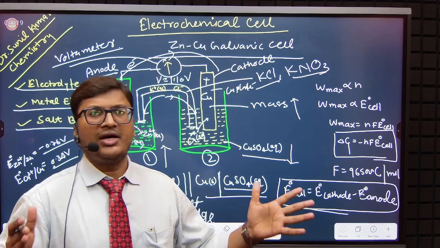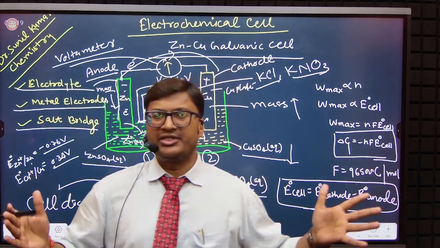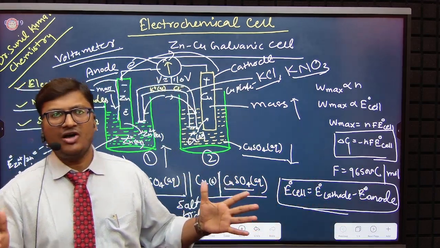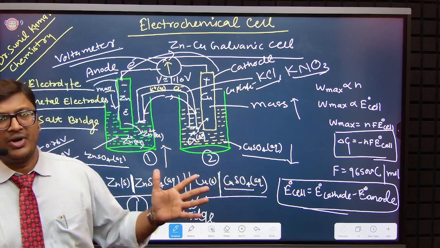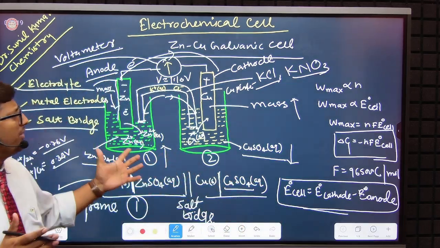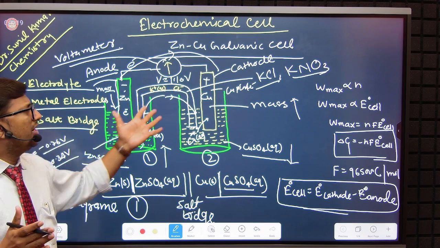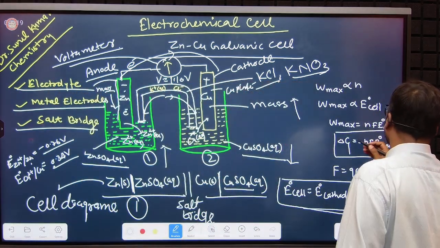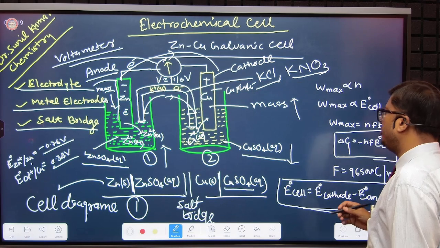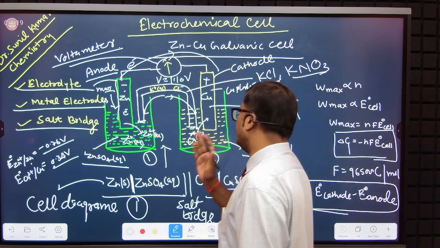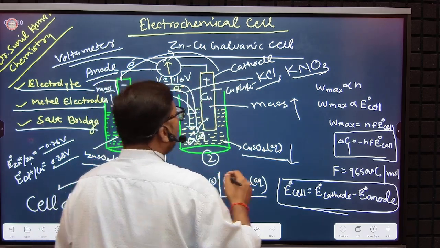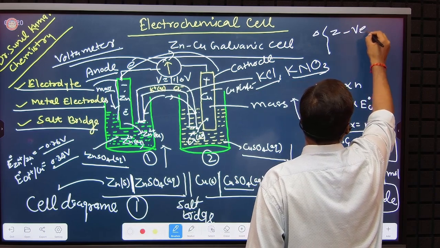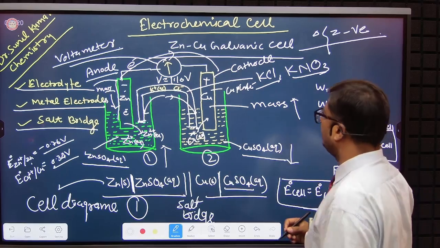What you have studied in thermodynamics is that any spontaneous reaction causes the conversion of chemical energy into electrical energy. That is measured by the change in Gibbs free energy, right? As you know, for any spontaneous reaction, delta G is negative.